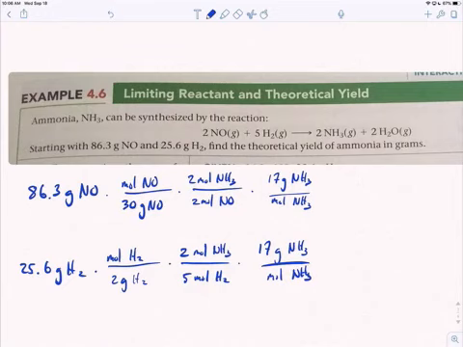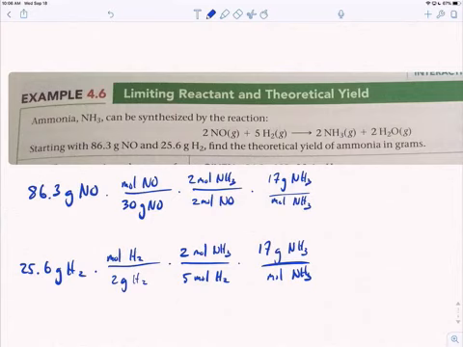The 2 to 5 means 2 NH3s to 5 H2s. And for the step above, 2 to 2, I could just do 1 to 1, but I'm writing 2 to 2 because it's what's written in the chemical equation. So let me calculate this out. The book does it differently. They stop at moles, but I like to just do the grams.